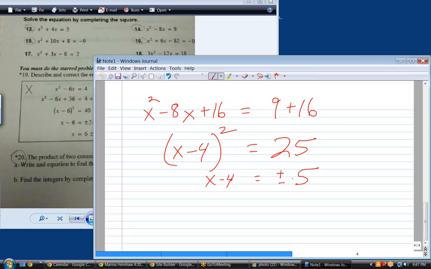Notice that if you only got 5, you would only have one solution. X would be 9. But with a plus or minus 5, it gives you two solutions. So now X is equal to plus or minus 5 plus 4. Now what two numbers does this result in?